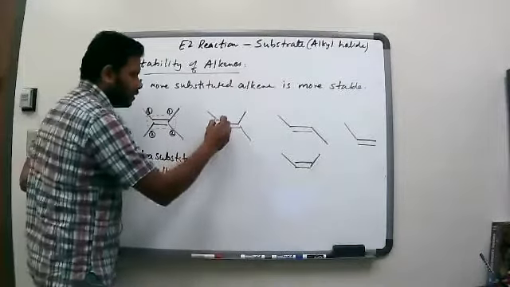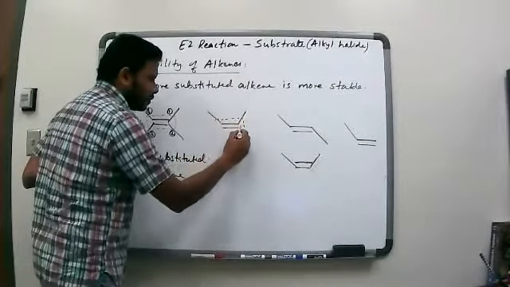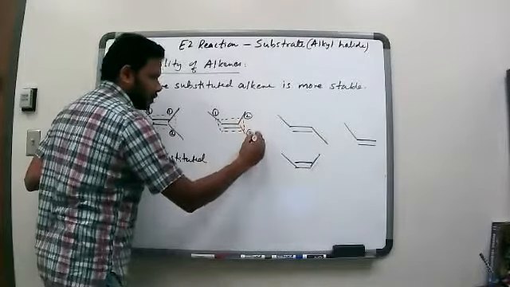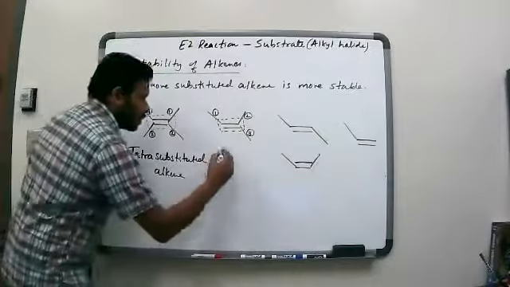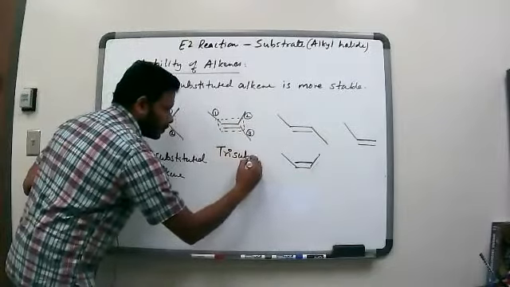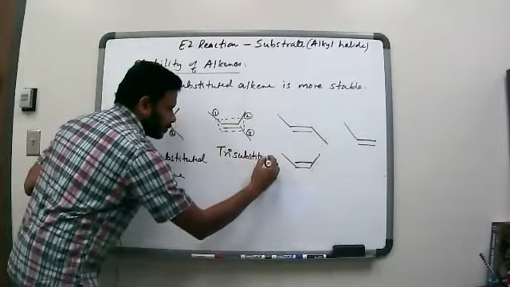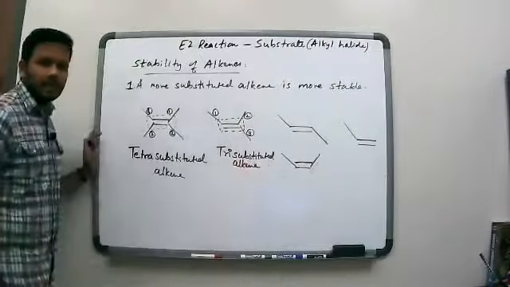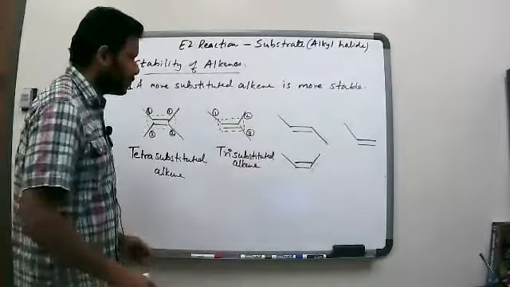For this alkene, about the double bond, we have 1, 2, and 3 substituents. So we're going to call this a trisubstituted alkene. So trisubstituted.